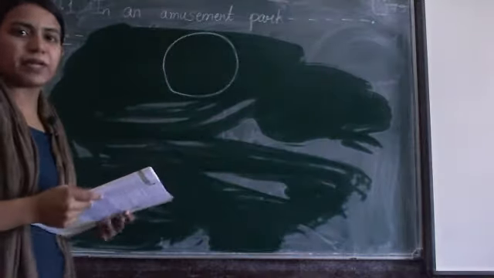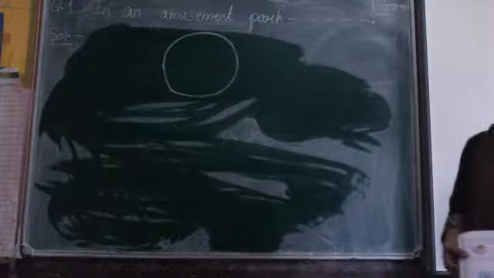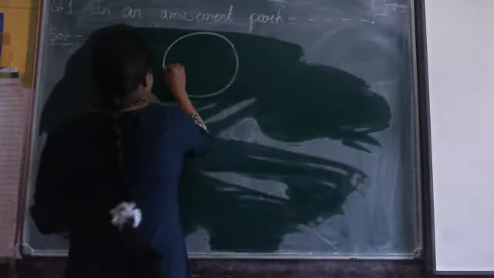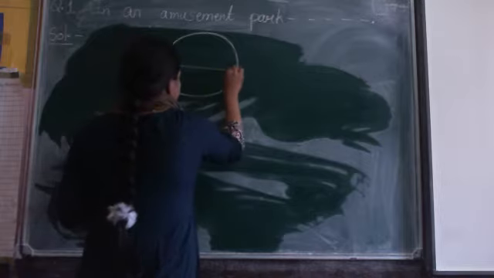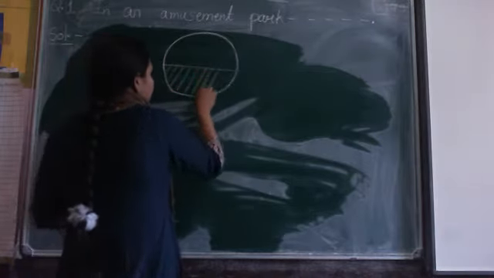This circle is representing 100 people. You can color the parts.